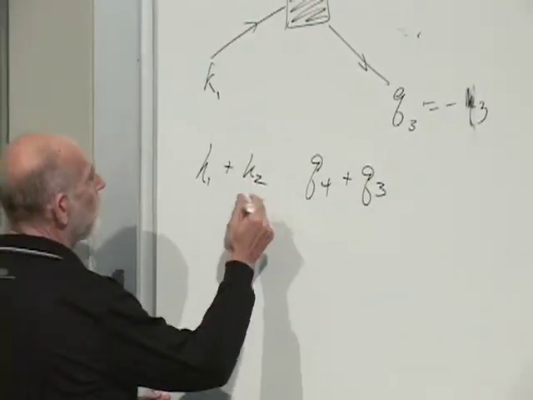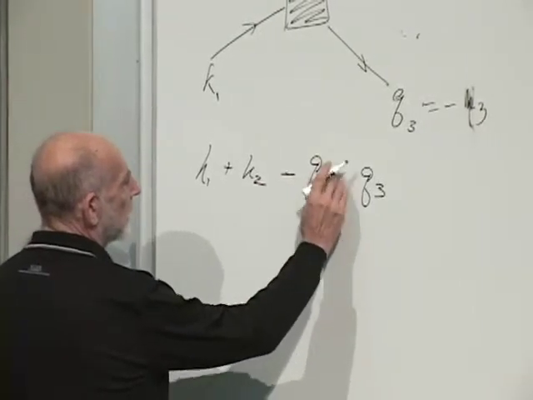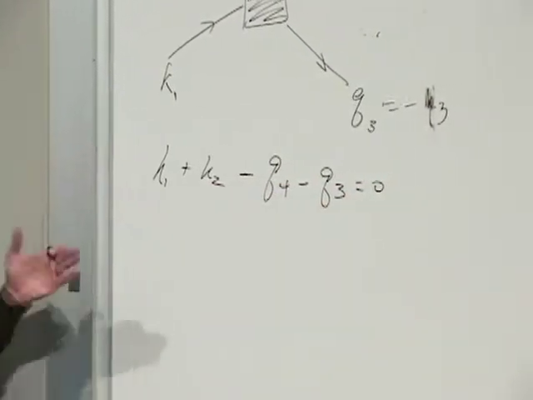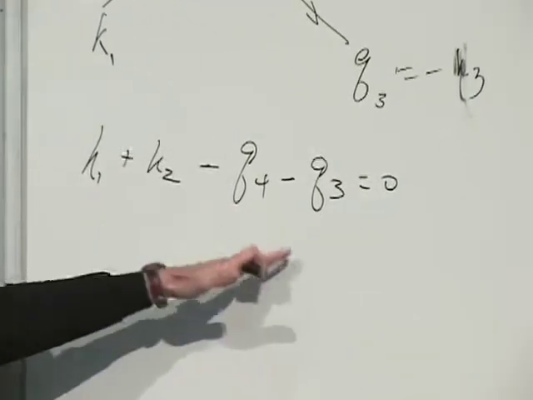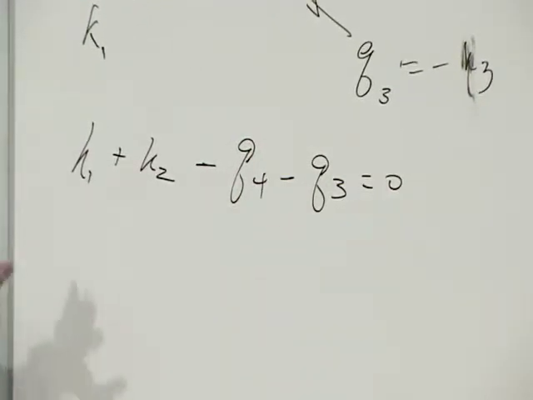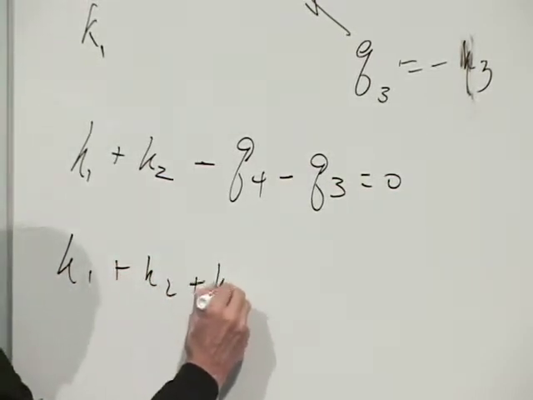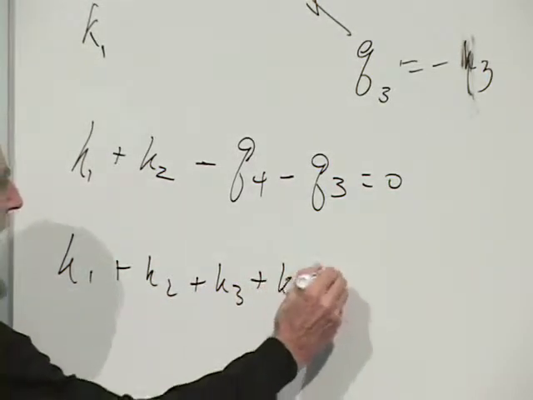Here's what it is. k1 plus k2 minus q4 minus q3 equals 0 now becomes k1 plus k2 plus k3 plus k4 equals 0.